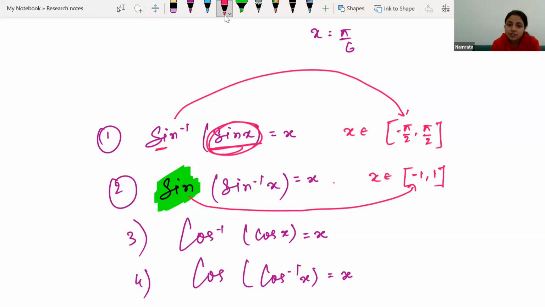Similarly for cos inverse, we know the range of this inverse function is 0 to pi. And for cos, again x will lie in the range minus 1 to 1. So we have to be careful what function we have.